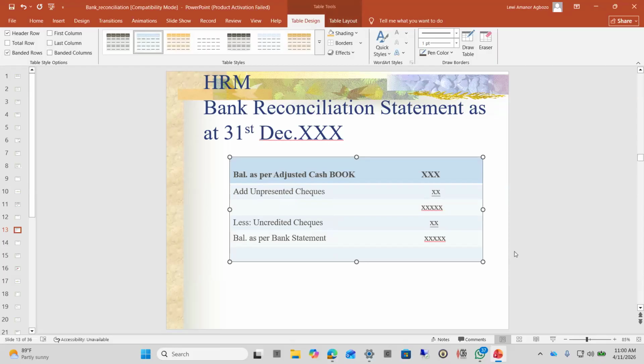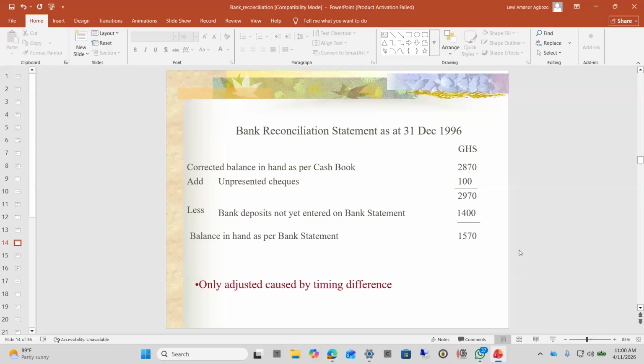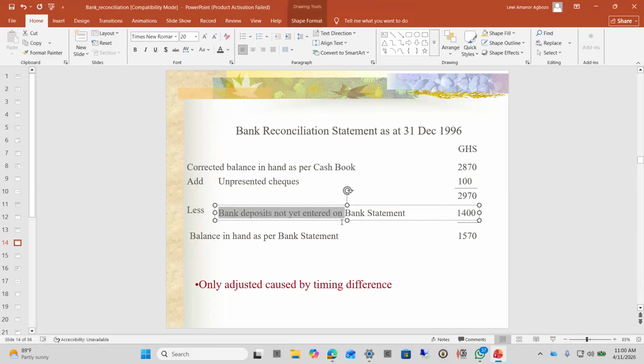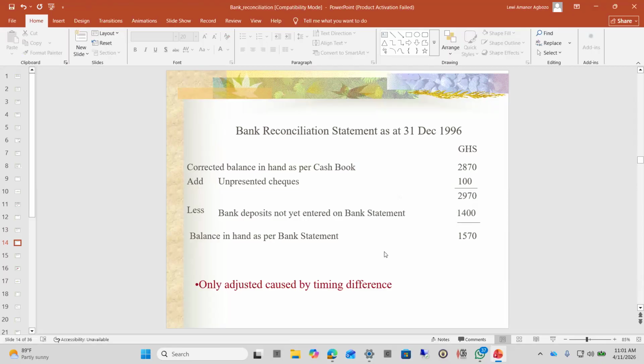I'll leave this one here. Now, the only adjustments caused by timing are the unpresented and the uncredited. Bank deposit not yet entered on the bank statement is what I refer to as uncredited. Is that okay? This one is payments made, but the customers did not send the checks to the bank to receive payment.